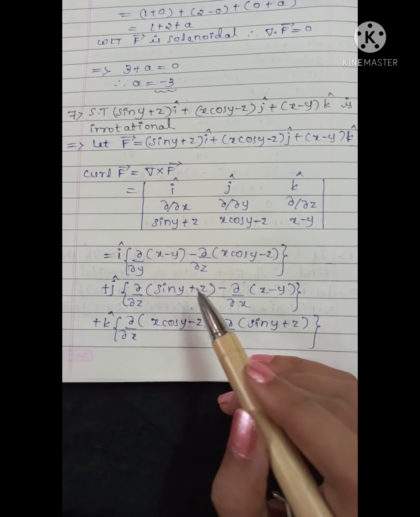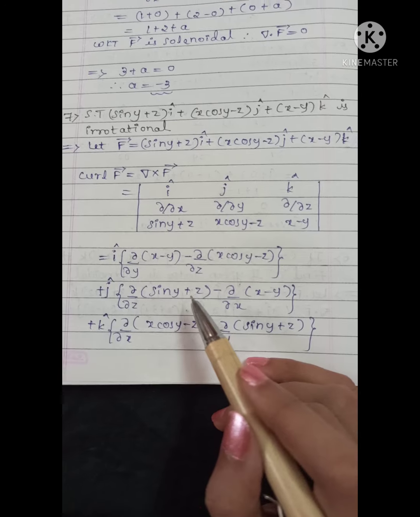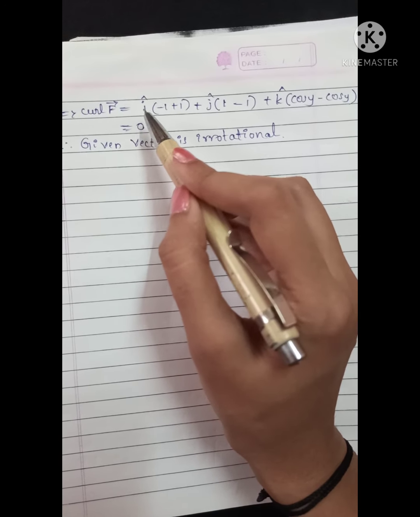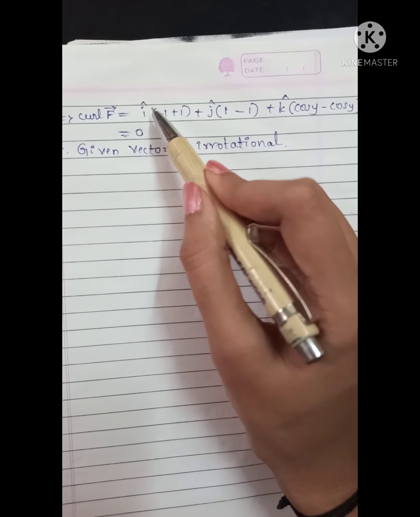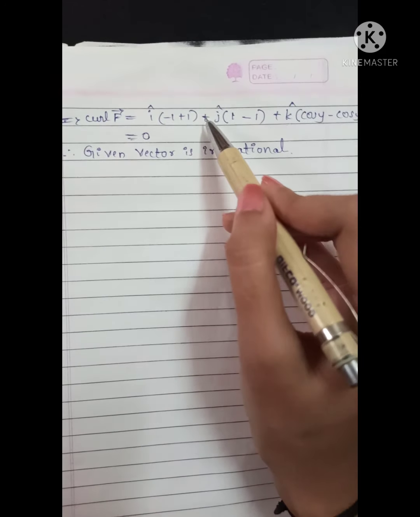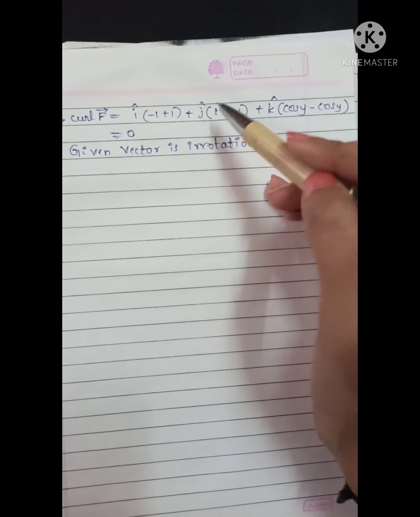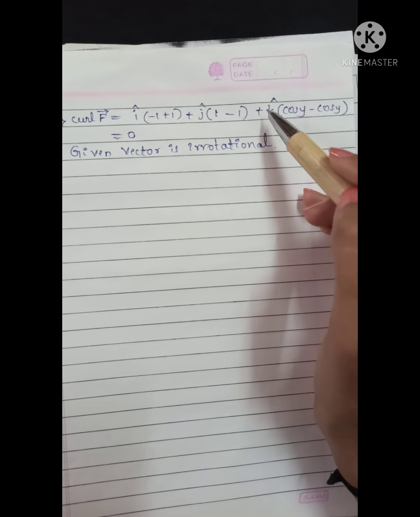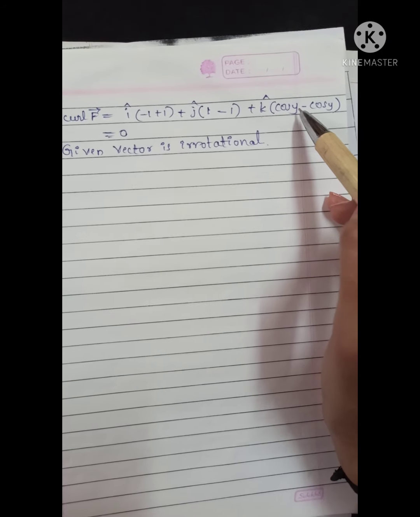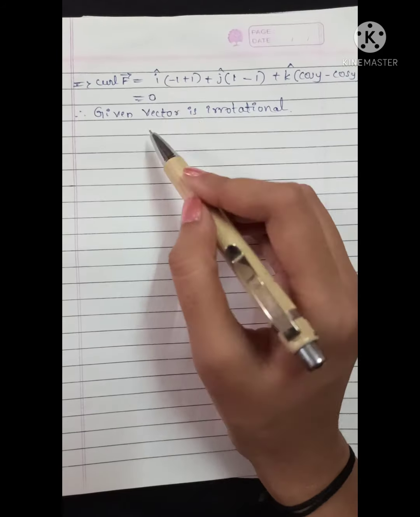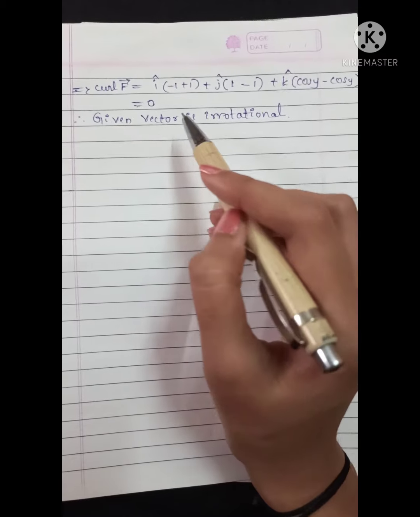On simplifying these terms, we get curl of f is equal to, first term i cap of minus 1 plus 1, second term j cap of 1 minus 1, third term k cap of cos y minus cos y, which is equal to 0. Therefore the given vector is irrotational.